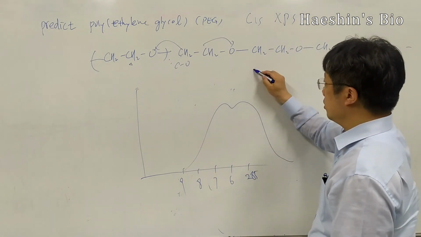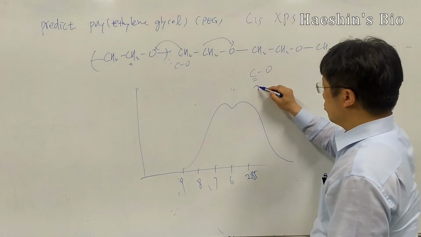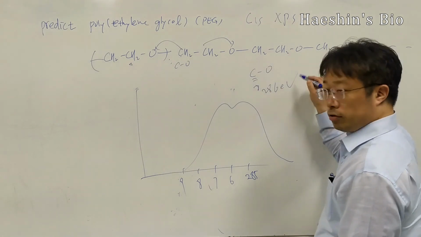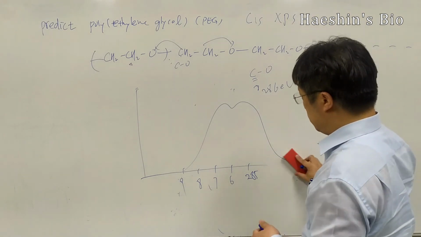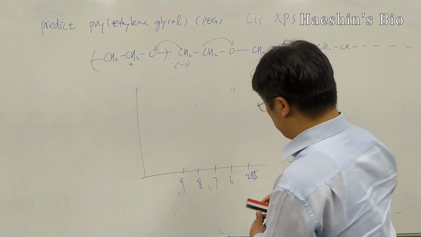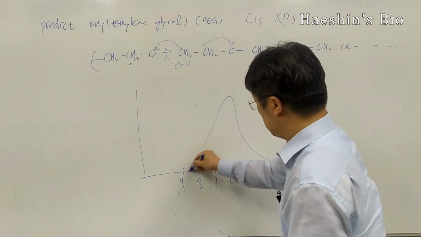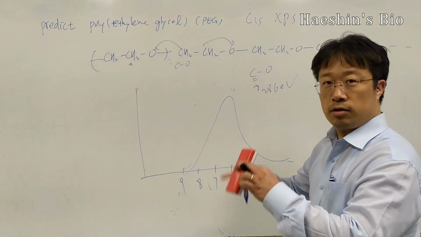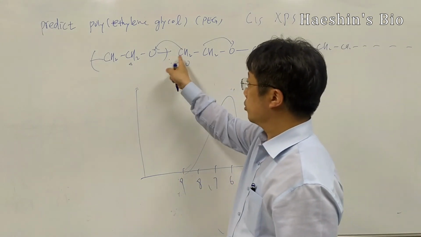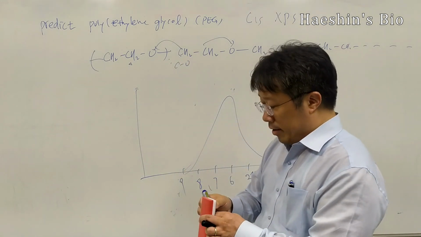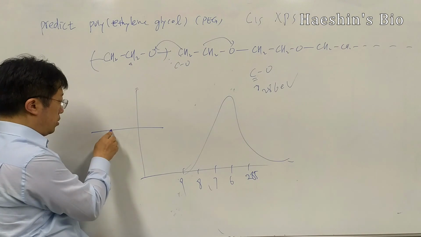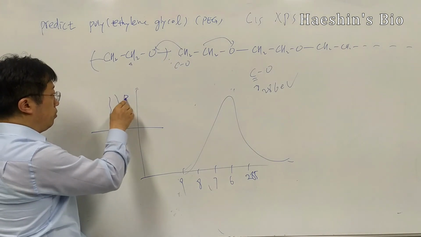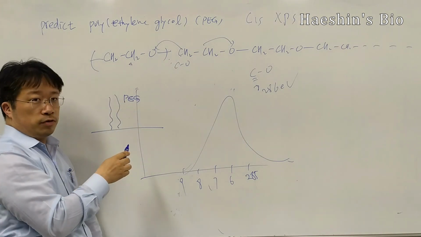Actually, this is only CO, about 286 electron volt. Peaks are homogeneous, only a single peak appears. So only like this, a single peak, not two different ones. It's only one type of carbon. Okay. So that means you have a surface with polyethylene glycol on it.